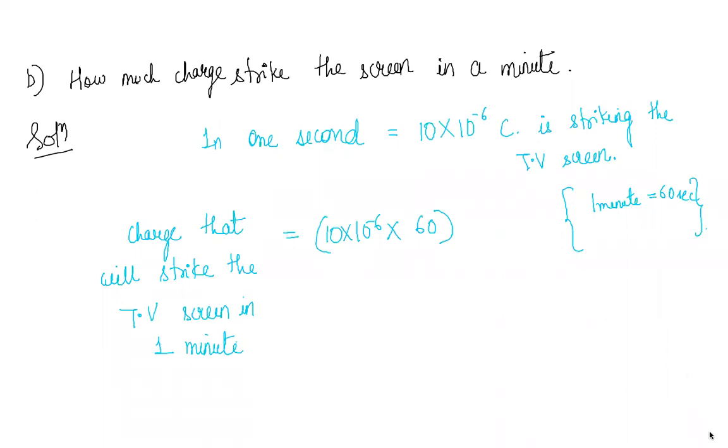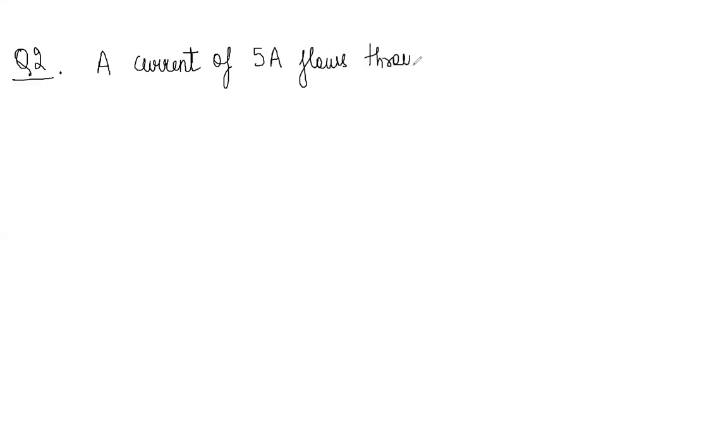Okay, now write down the second question. Question number 2. A current of 5 ampere flows through a circuit for 15 minutes.